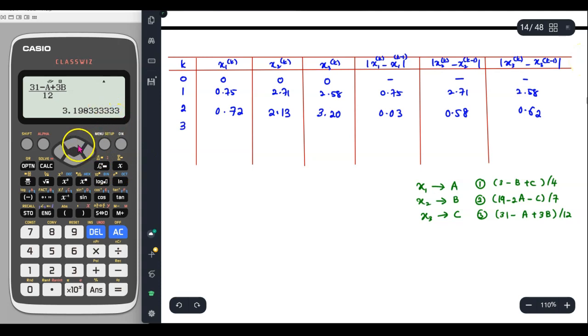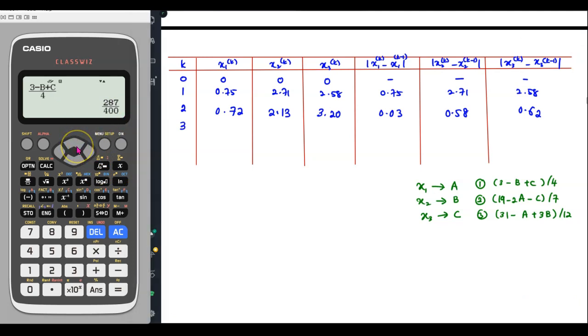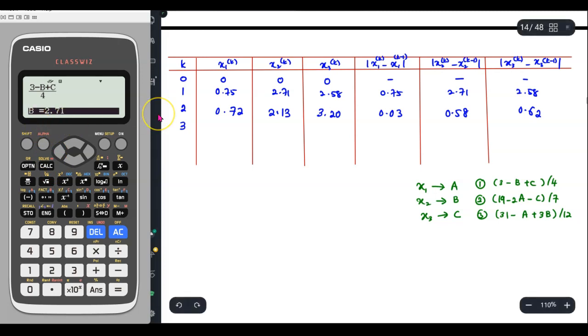Similarly, for the x1, you will find the first equation in the calculator and then press the calculate button. But now your value of b is 2.13, your previous x2. And for c, which is your x3, you are going to put 3.20. So on and so forth for x2 and x3, and then you check for the error and decide whether you need to stop or not, by looking at the maximum error and seeing whether it is already less than the given epsilon. For this problem, cut the story short, you are supposed to stop at k equals 5.